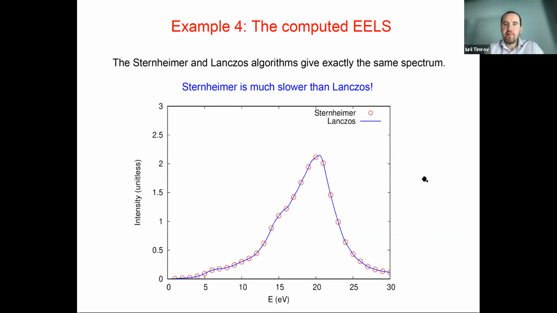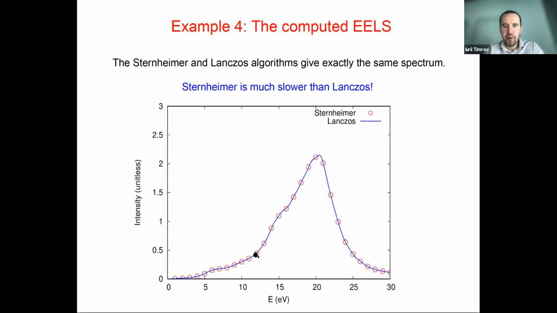But Lanczos is a more computationally efficient algorithm because, as Oscar said, we need to do just one Lanczos calculation. It doesn't depend on frequency, so all frequencies are done in one shot. So we can have as accurate a step as we want in frequency. While with Sternheimer, we need to do each calculation for each frequency.